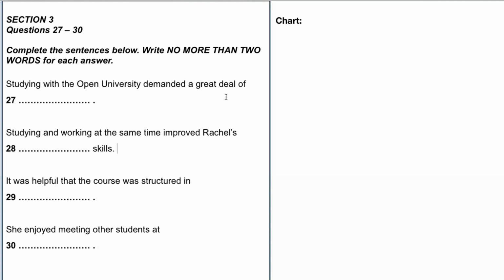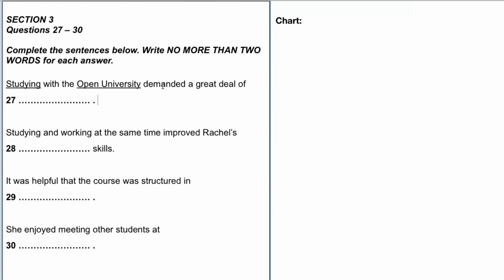Studying with the Open University demanded a great deal of. Here I would underline studying because it is the action verb that is taking place, as well as Open University. So we're not sure if the listening prompt is going to feature different types of universities or different types of education. So I would go ahead and underline Open University because that's something that is very clear and will call out our attention.